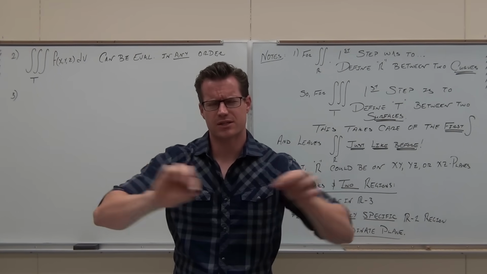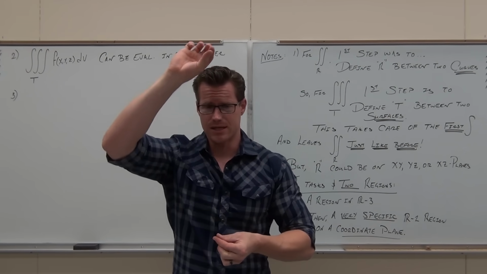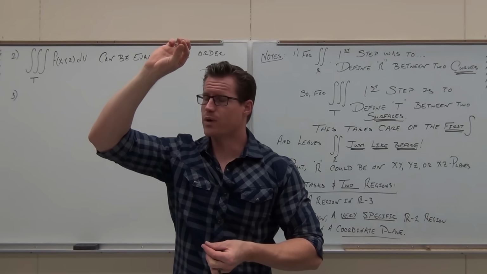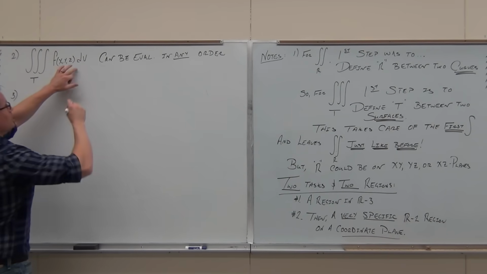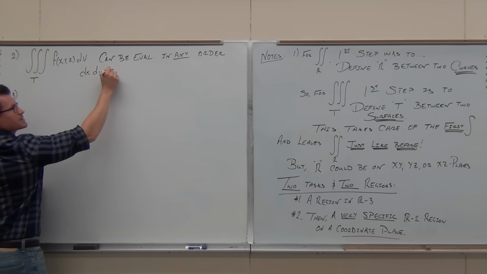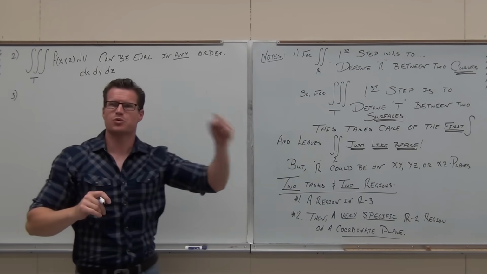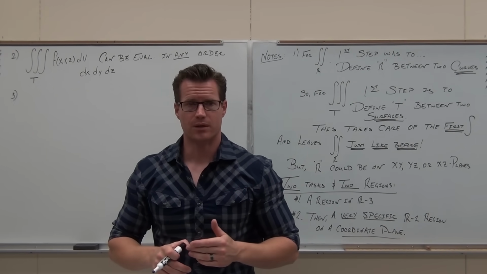Double integrals was x and y, that's 2 axes. Triple integrals are going to be x and y and z. That's 3 axes. We have choices that we can make. We can go along x first, then y, then z, or any one of 6 permutations to do that. Does that make sense? You have to pick one.